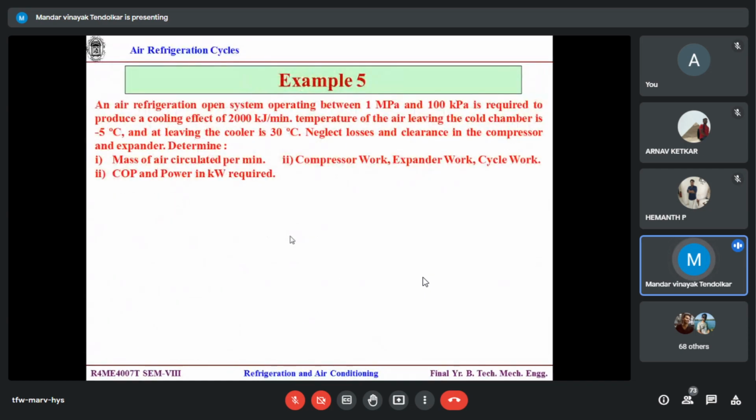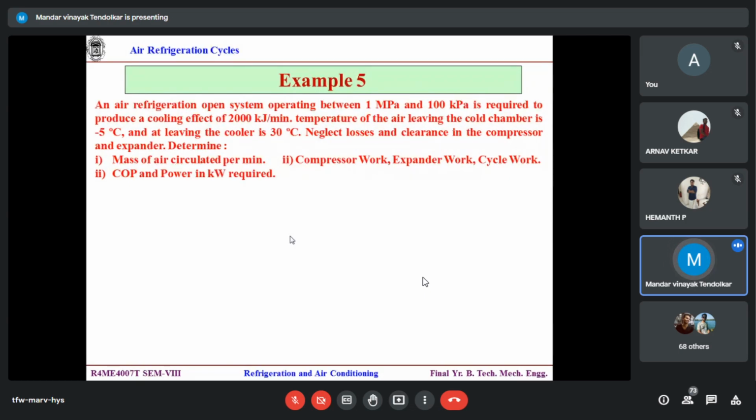An air refrigeration open system operating between 1 megapascal and 100 kilopascal. Pay attention to the units. One is megapascal, other is kilopascal. It is required to produce a cooling effect of 2000 kJ per minute. That means refrigeration effect is 2000 kJ per minute.